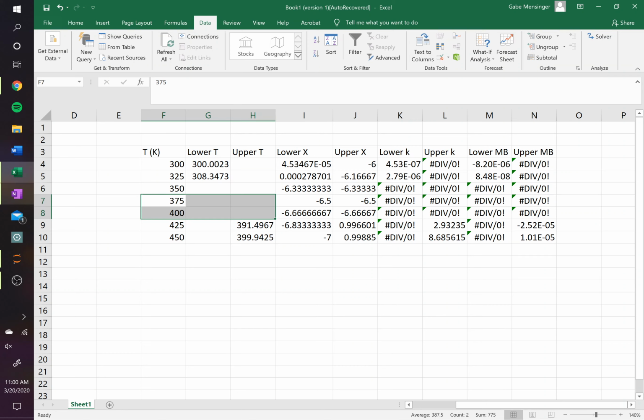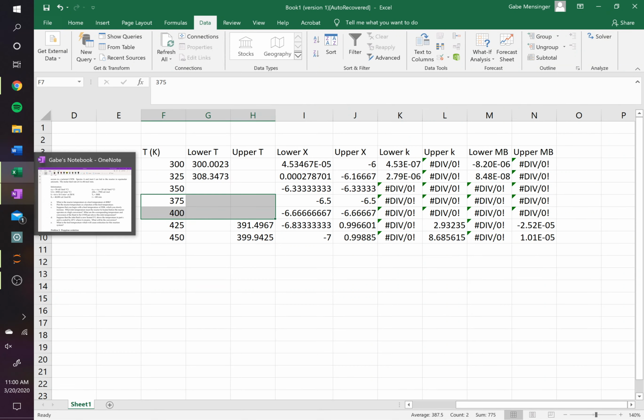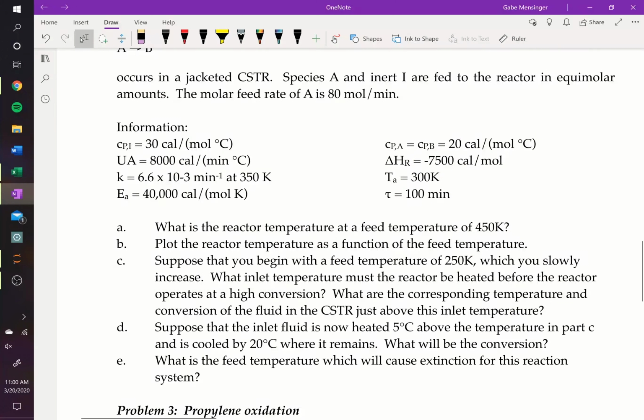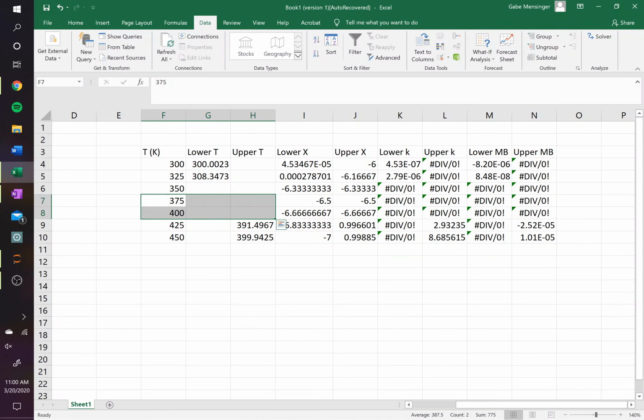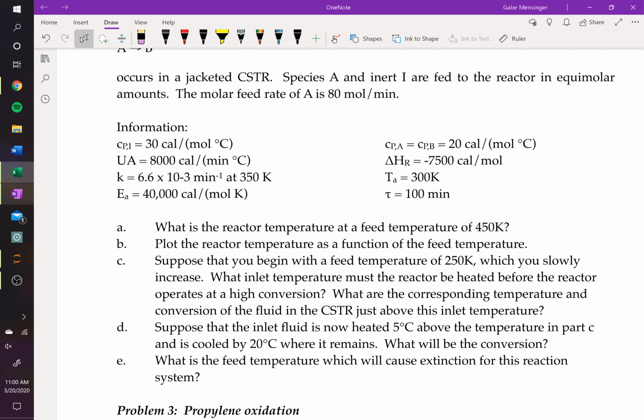But I think from here, with me giving you these first couple points, you can at least have enough to start with part B. And for part B, as long as you're able to get these points and plot them, that should be plenty for part B. I know that might be a little unsatisfying, but I don't want to just show you what the graph looks like.